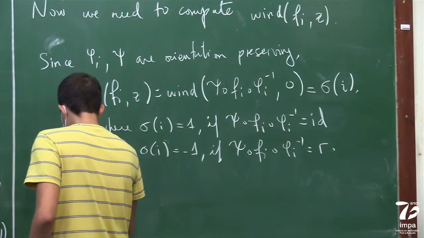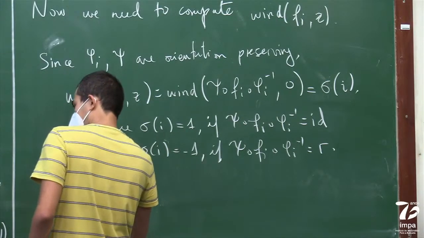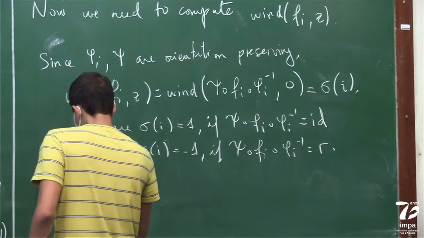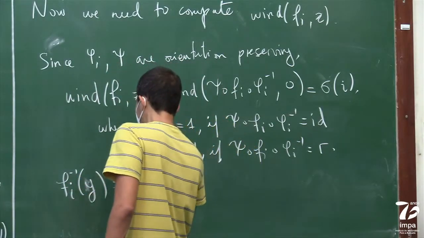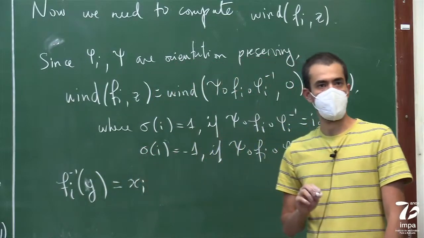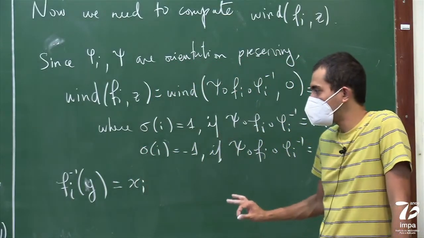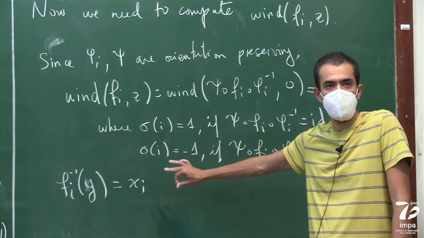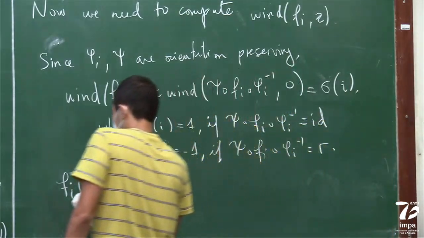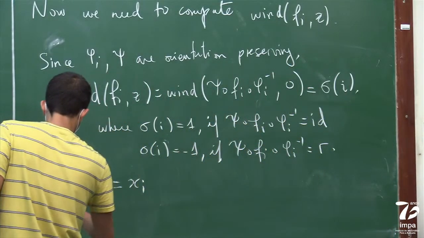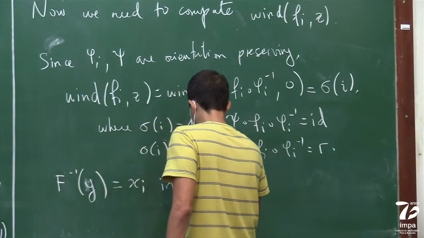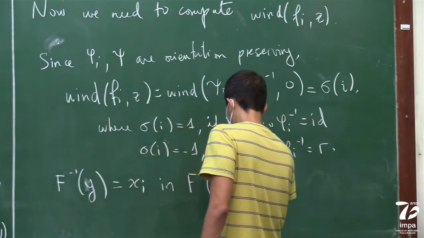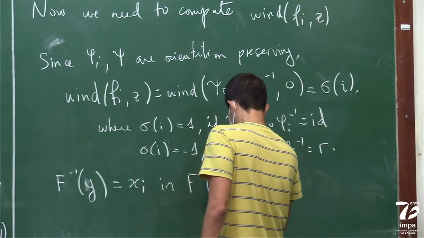The pre-image of y by Fi is also just xi, because capital F was a local diffeomorphism here. This is not Fi, it's capital F, in the preimage of this ball.